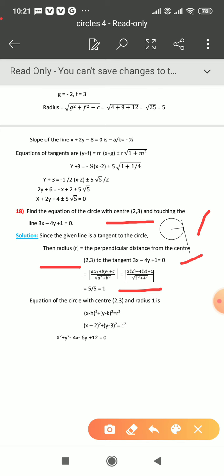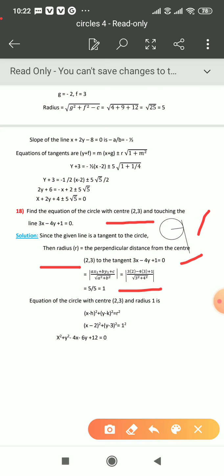This is equal to 3 into 2 is 6, plus 1 is 7, 7 minus 12 is minus 5, modulus here, so 5 by square root of 3 square is 9, 4 square is 16, 9 plus 16 is 25, square root is 5. 5 by 5 is equal to 1. Like that we find the radius.